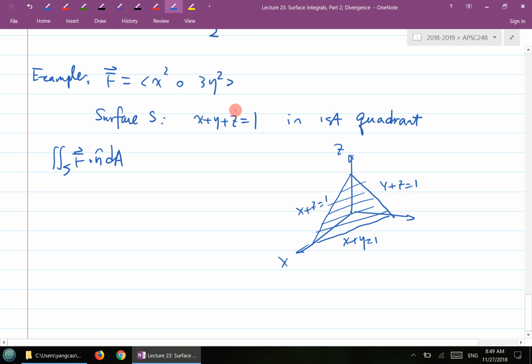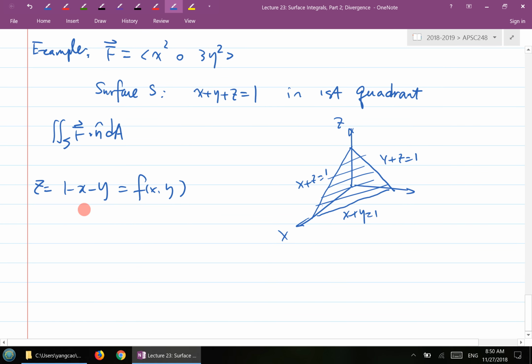So what you need to do is write out what this surface is in the format of f of x, y, because you need that expression for f so that you can calculate what n hat dA is.